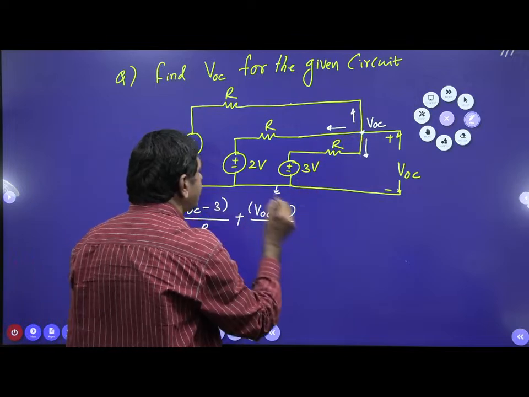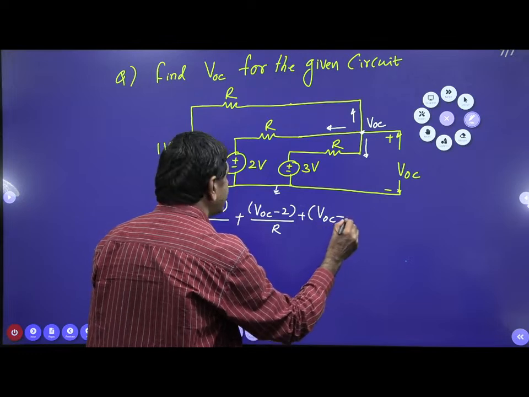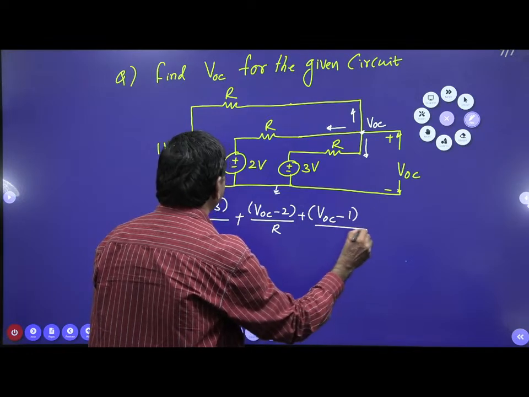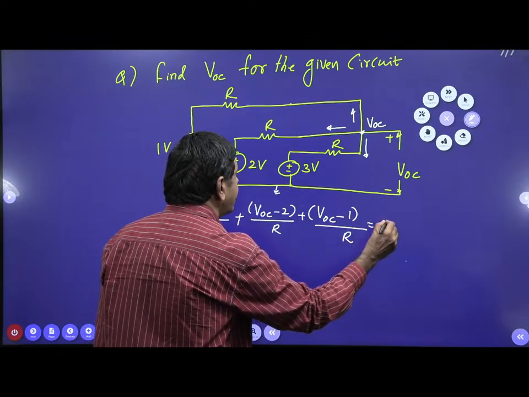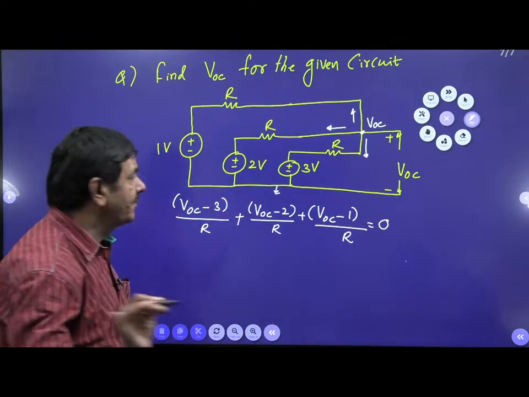VOC minus 1 divided by R. That equals 0. Summation of all the currents equals 0, we know.